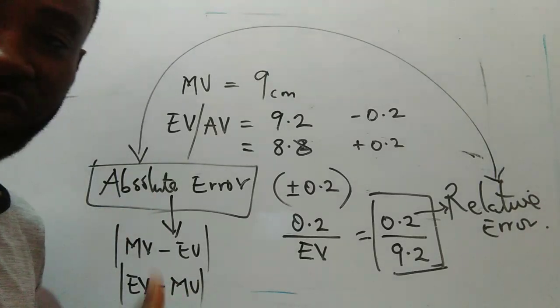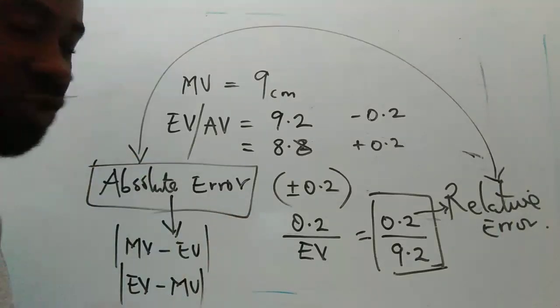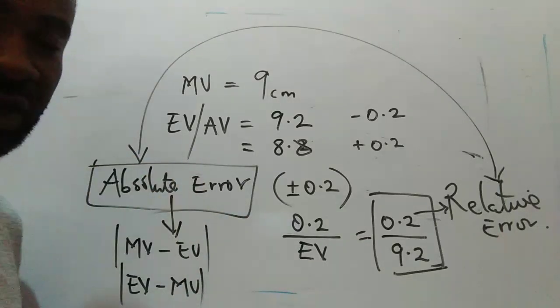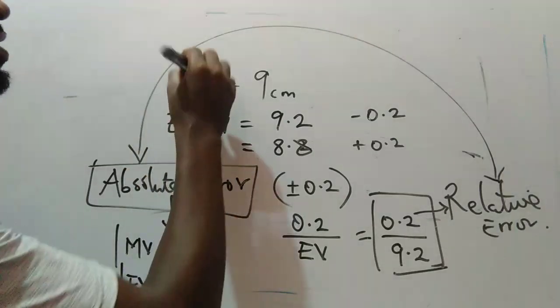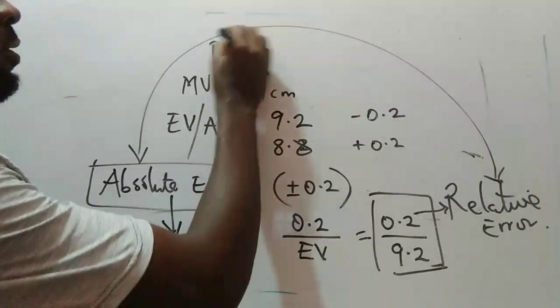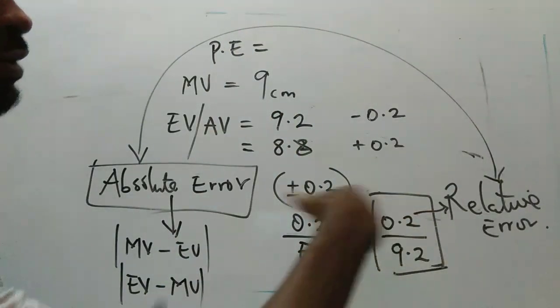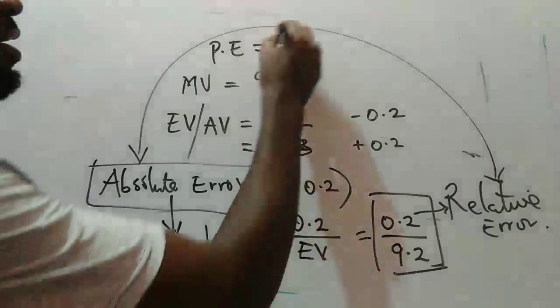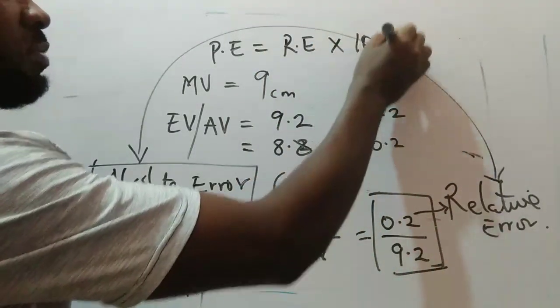Now it's very important to understand all these terms, because these terms will help us to really know how to solve problems under percentage error. And lastly, let me talk about the percentage error itself. Percentage error is simply the relative error multiplied by 100%.